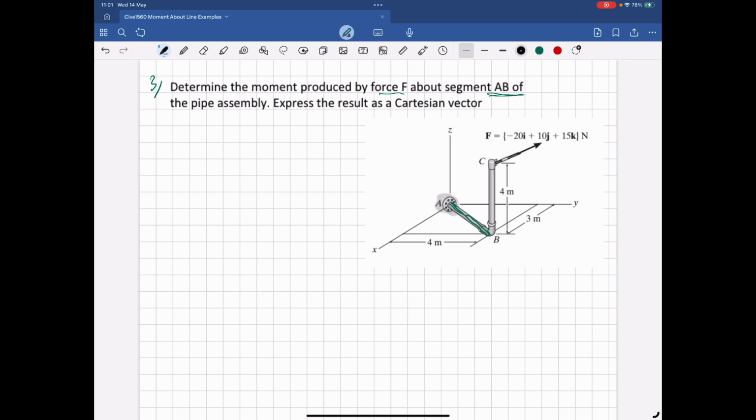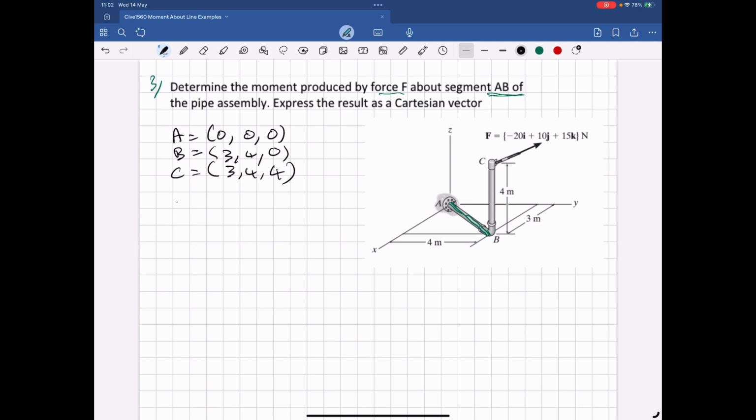So the process, as before, write down the coordinates. A is equal to 0, 0, 0 again. B is equal to 3, 4, 0. C is equal to 3, 4, and in the Z direction 4.